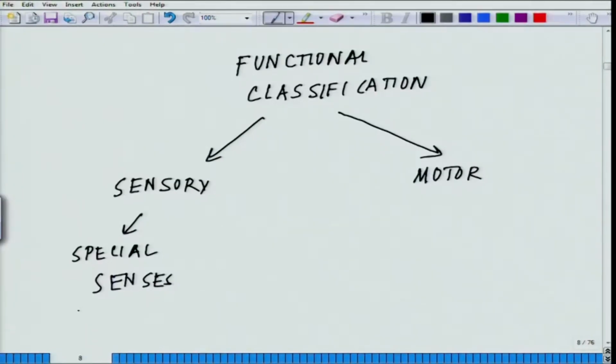They could be hair cells, they could be olfactory neurons, whereas the motor ones could be the higher motor neuron, lower motor neuron, and so on and so forth. There are a whole range of such classifications. So, from here we will move on to the functional unit of a neuron, what it exactly does.